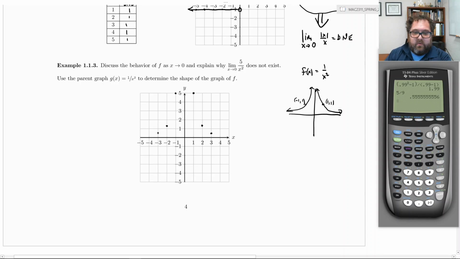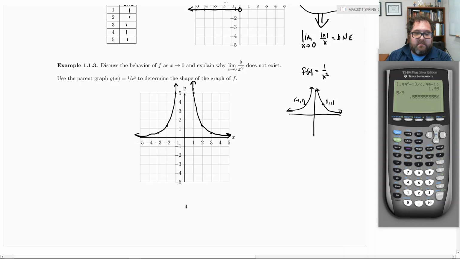And basically what we see is the graph is shooting up towards positive infinity as you get closer to 0. But then as you get further away from 0, the graph has this asymptotic behavior. And the graph ends up looking like this.